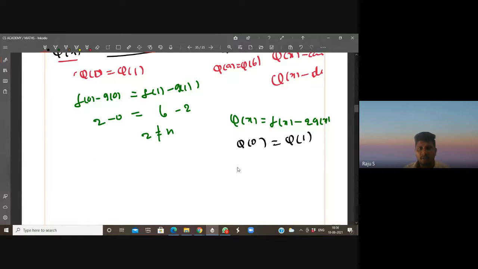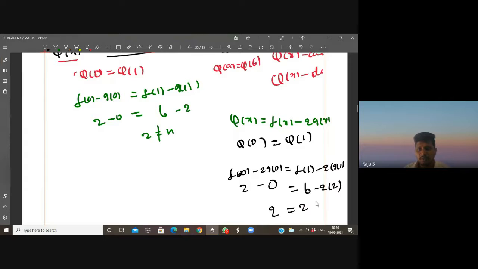So f of 0 minus 2 times g of 0 is equal to f of 1 minus 2 times g of 1. f of 0 is 2, minus 2 into 0, which is 2, equal to 6 minus 2 into 2. So 2 is equal to 2.